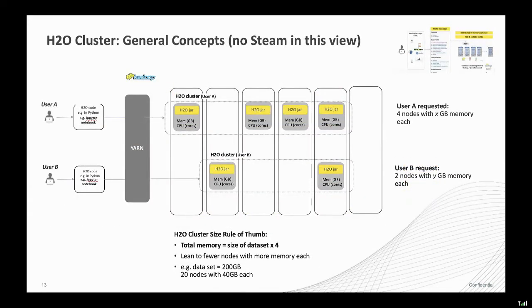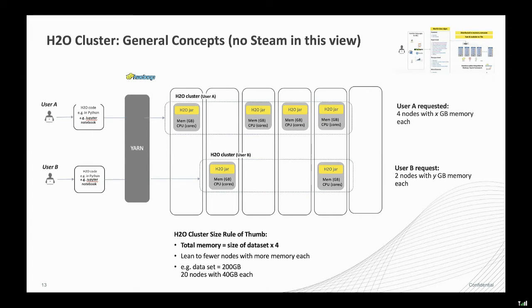So now we need to jump into a very key concept. The concept is called an H2O cluster. Now, of course, a Hadoop cluster is n number of worker nodes, hundreds oftentimes. An H2O cluster is a subset of worker nodes that are working together to run through these compute-intensive algorithms in that distributed, in-memory way.